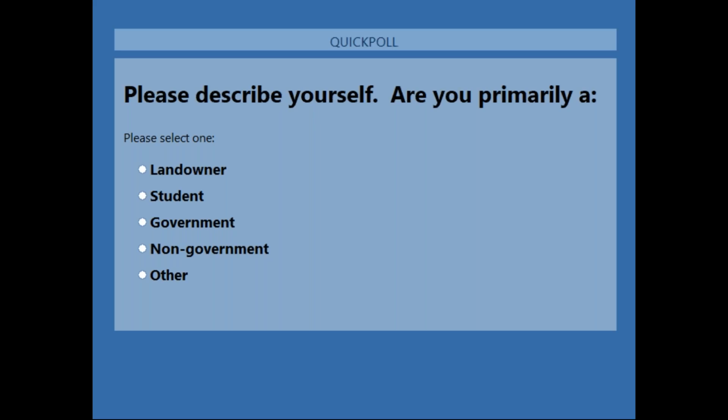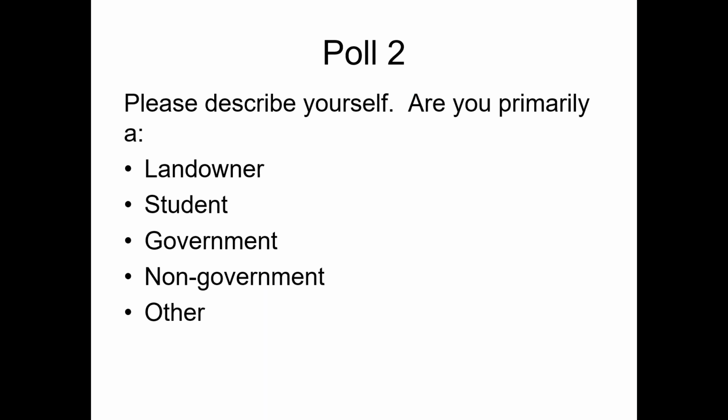Great. It looks like just about everybody has voted. So it looks like about 13% of you are landowners, 9% are students, 39% are representing government, 20% with non-government organizations, and 20% are with other people. Great. So we have a real mixture of attendees. So thank you for being here, and hopefully you'll find something that you can take home.